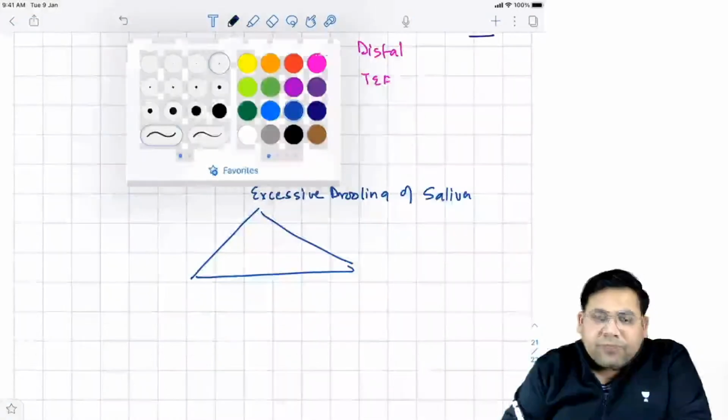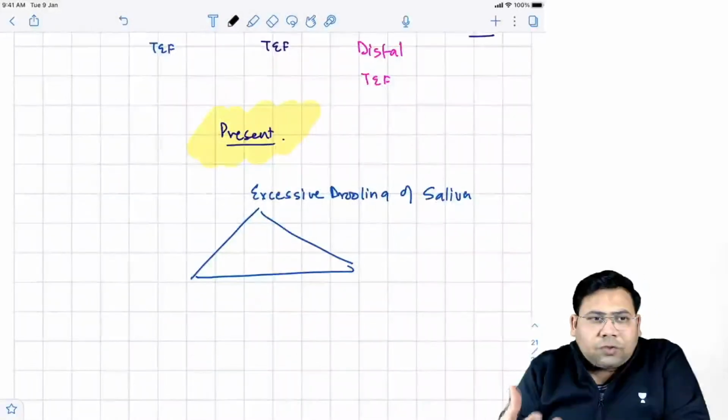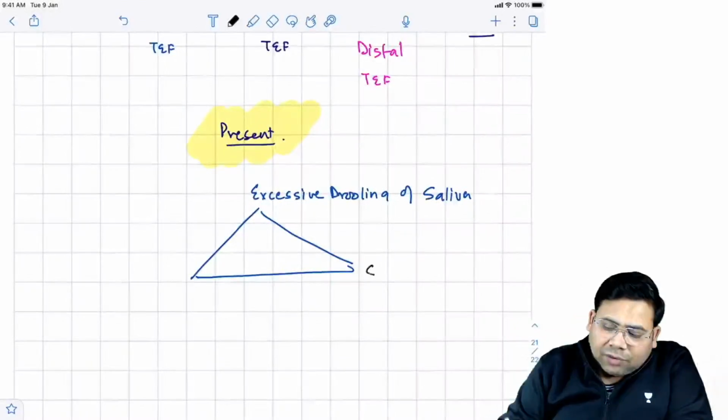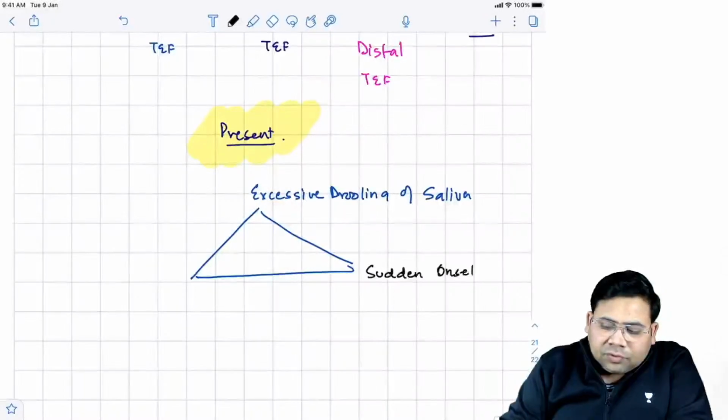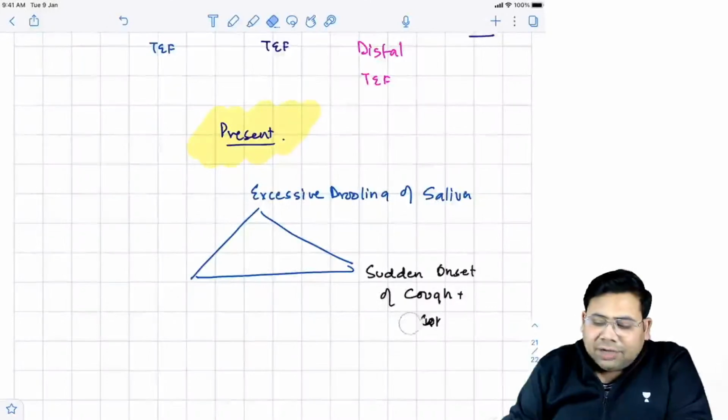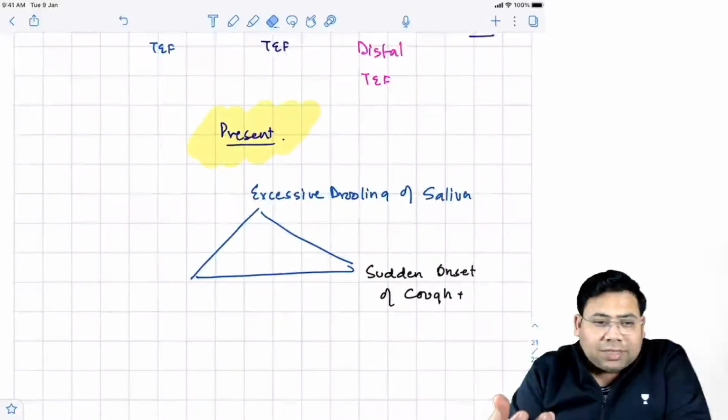You get to see sudden onset of cough and choking on food intake. Why does this happen? Because of the aspiration, all these symptoms.